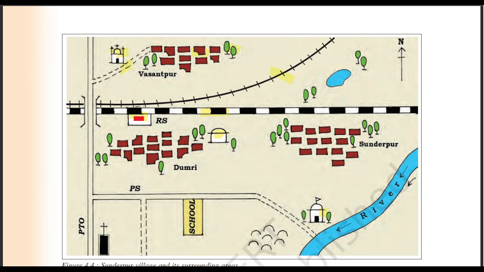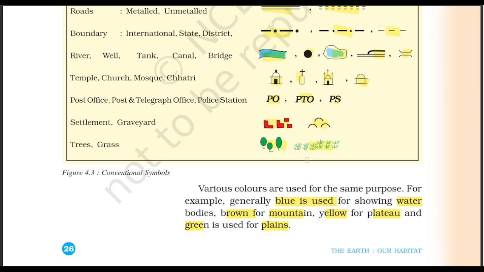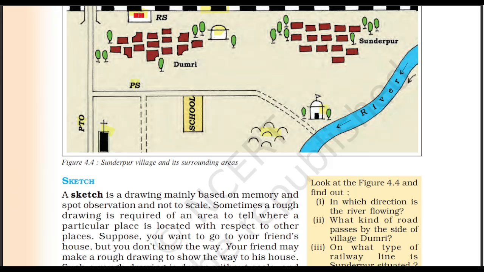And that is a graveyard. This is a church. This is post and telegraph. Police station. This is a river.